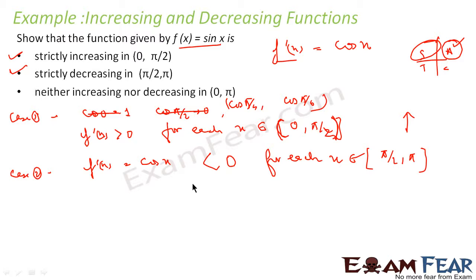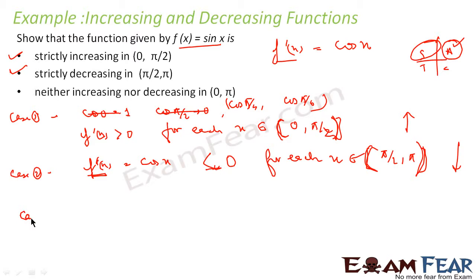Similarly, in this case, you take any value of x in this open interval of pi by 2 and pi, this comes out to be negative because there cos is negative. So my f dash x is less than 0. If my f dash x is less than 0, please note my function is a decreasing function. So this is true.